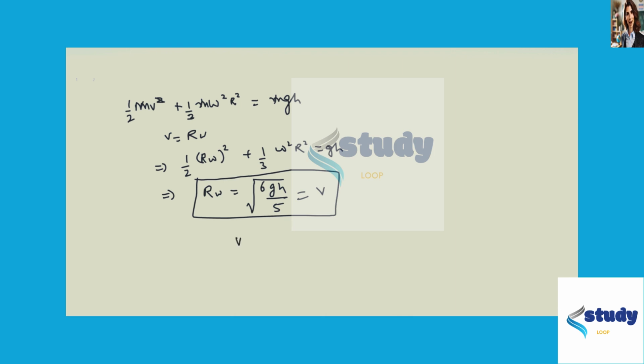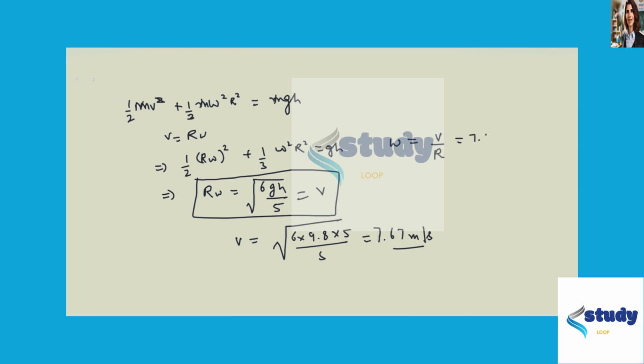So we have v equals the square root of 6 times 9.8 times 5 meters over 5, which gives us 7.67 meters per second. Now finding omega, we have omega equals v over r.